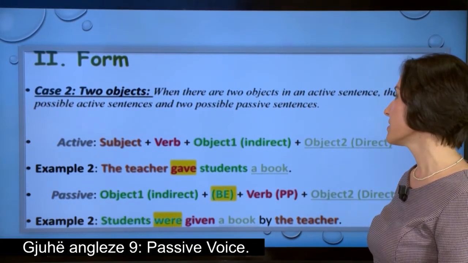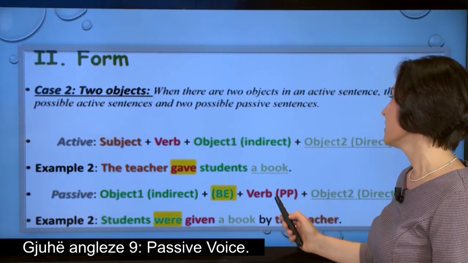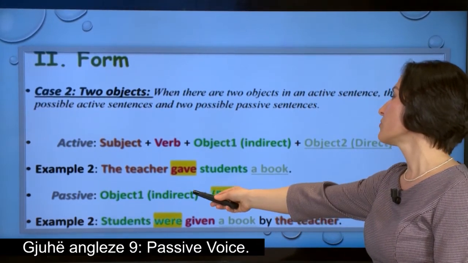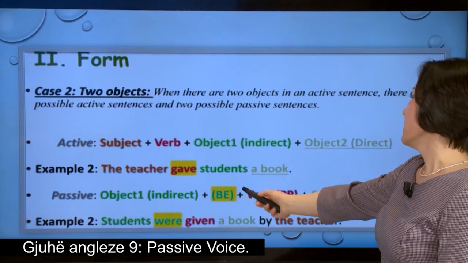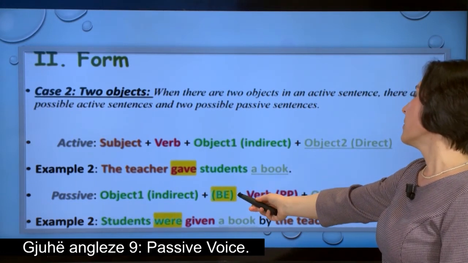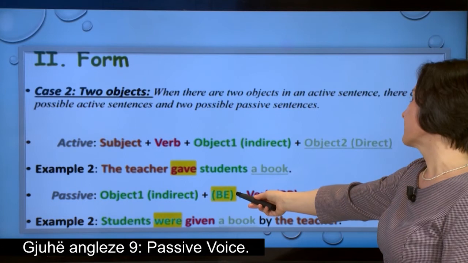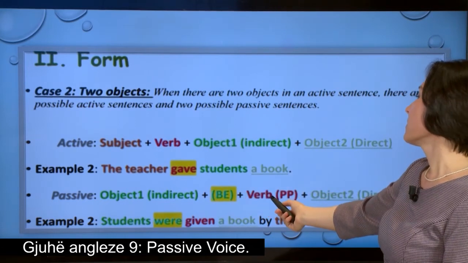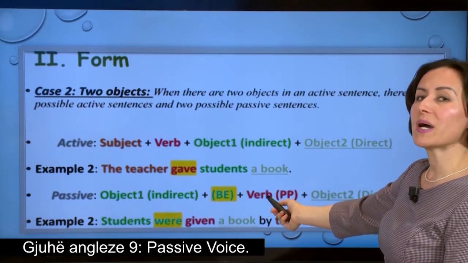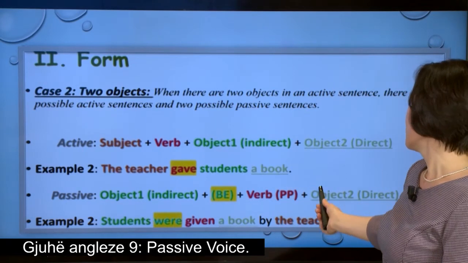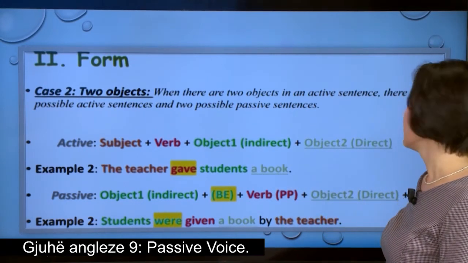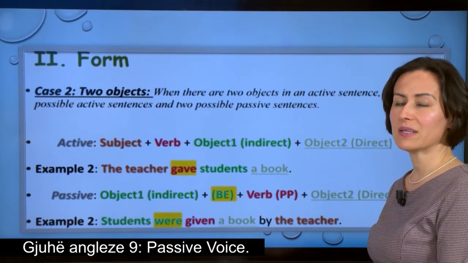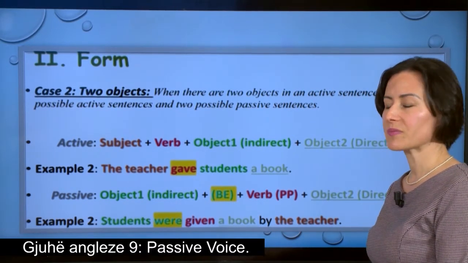You can notice in this sentence that the first object, which is the indirect one, needs to be followed by verb be plus the verb in the past participle plus the second object, which is the direct one, followed by by and the agent.